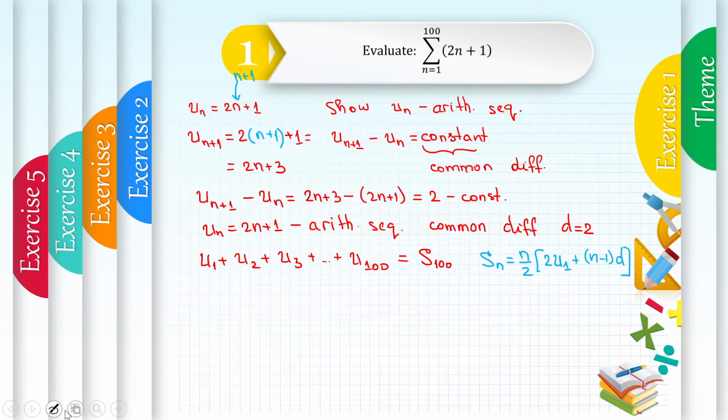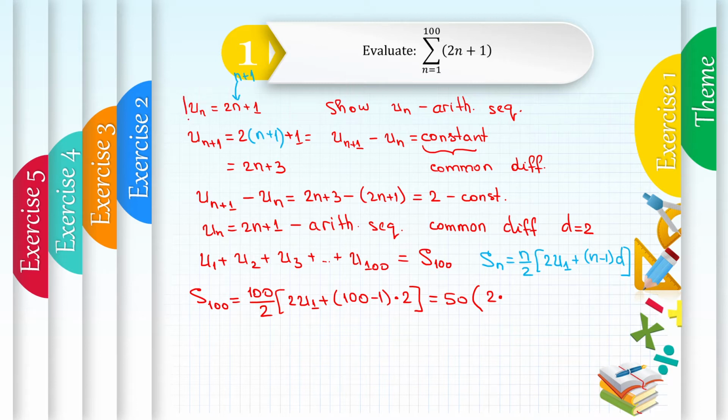So in our exercise, for evaluating S100, we have that S sub 100 is equal to 100 divided by 2 multiplied by (2 u sub 1 plus (100 minus 1) multiplied by 2, the common difference), which will give 50 multiplied by... Now, for finding the value of u sub 1, we replace n with 1 in the general formula.